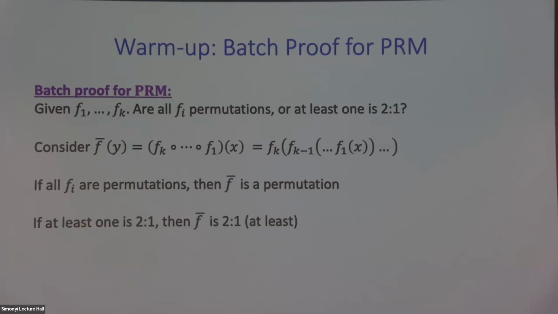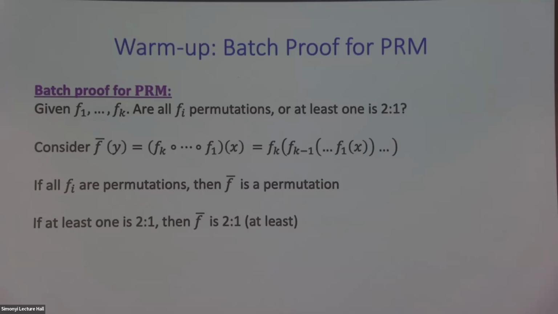So we basically have a Karp reduction from the K instances to a single instance. The new circuit that we generated is much bigger, right? It does use all of the original functions, but its input and output sizes remain the same. And the communication complexity of the previous protocol only depended on the input and output sizes. So that's why we get a batch proof for this specific problem.